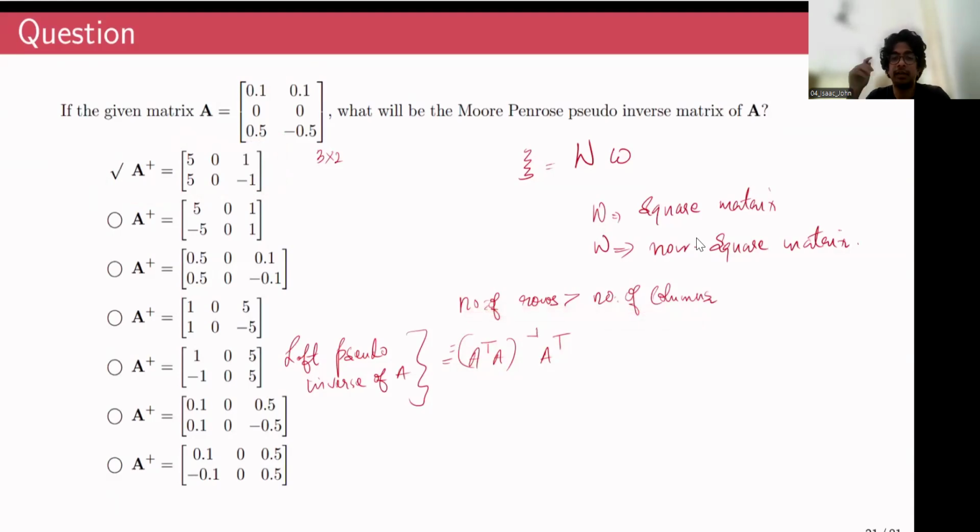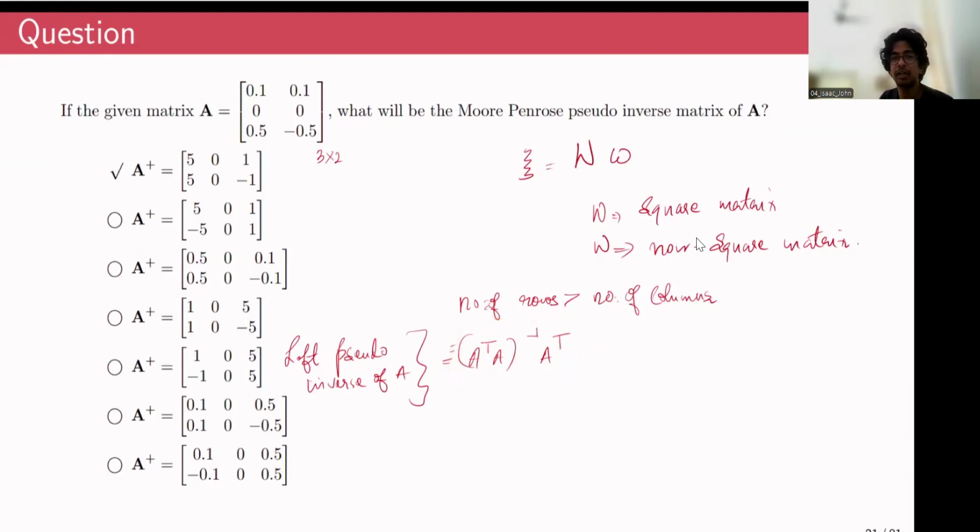But if it were the other way, if the number of columns was greater than the number of rows, you have to take something called a right pseudo inverse, which is somewhat different from this expression. And I would recommend you to visit the lectures of Professor Shantakumar, or visit the week 2 live tutorial sessions to see how these pseudo inverse matrices are derived, or how we arrived at this expression.